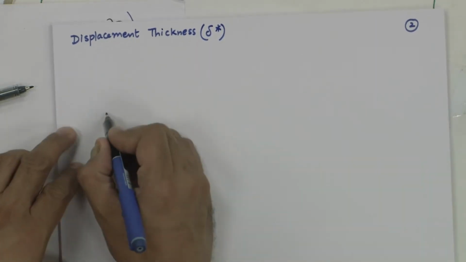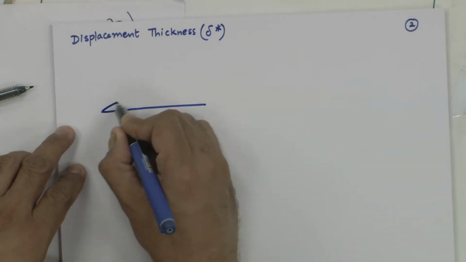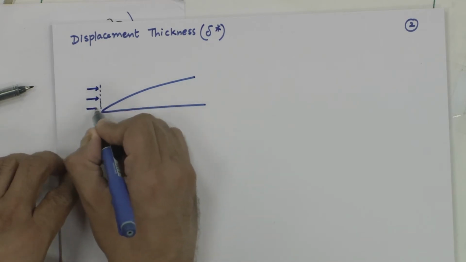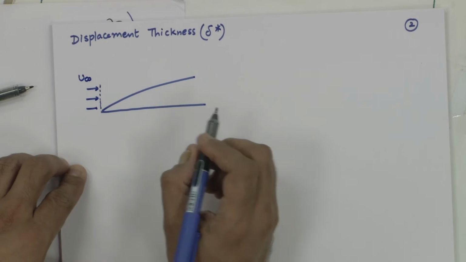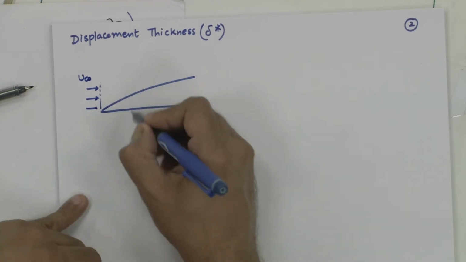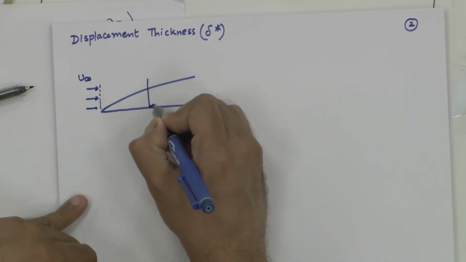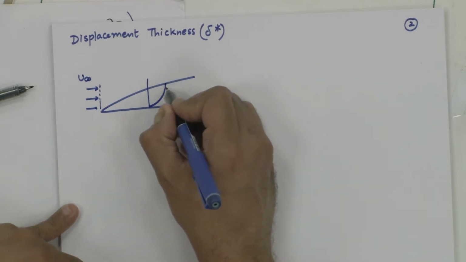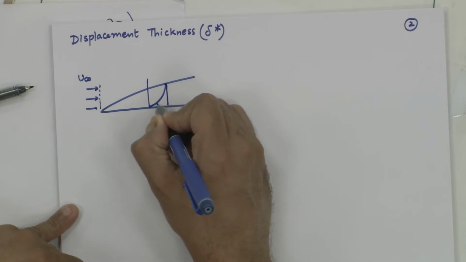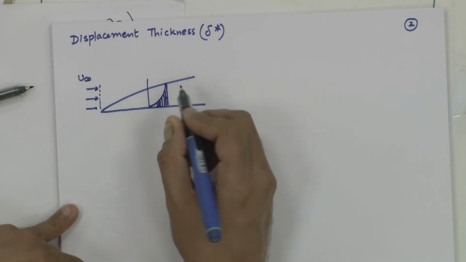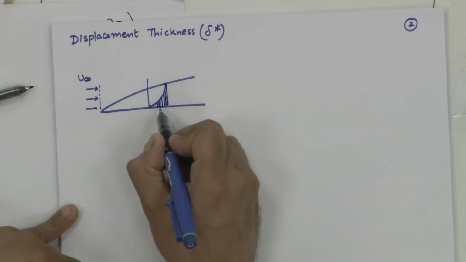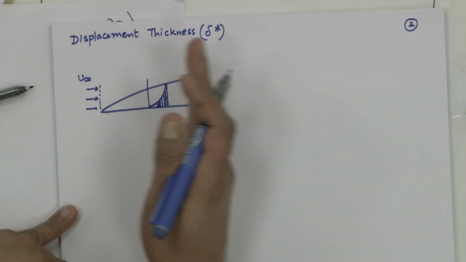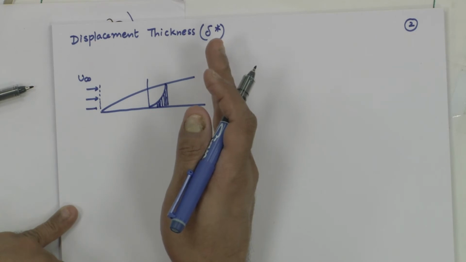So, if I take this boundary layer and apply conservation of mass to this control volume, u infinity is the velocity here, this is the velocity profile. This deficit in the mass, if the velocity was u infinity, this would be the mass that is going in, mass that is coming out at a given cross section.